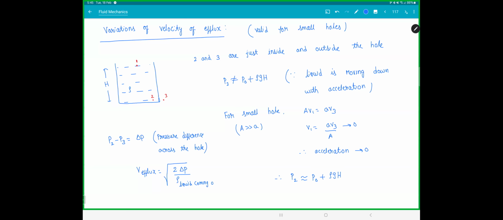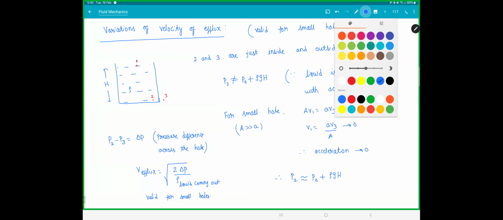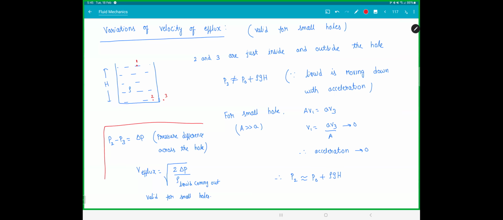I'll show you some variations. Remember, this is valid only for small holes. Quite a useful formula, saves you a lot of time. You should definitely mark up this. So that's your result. V is equal to root of 2 delta P by rho.